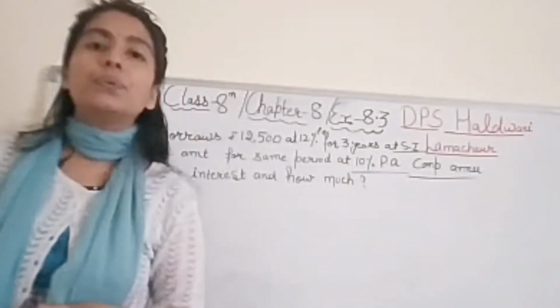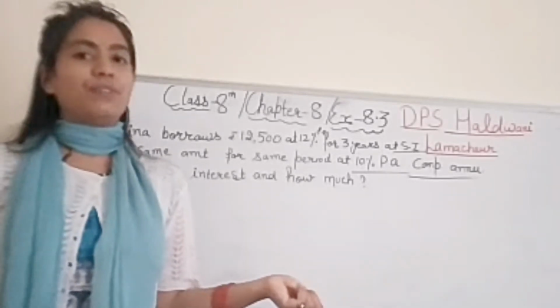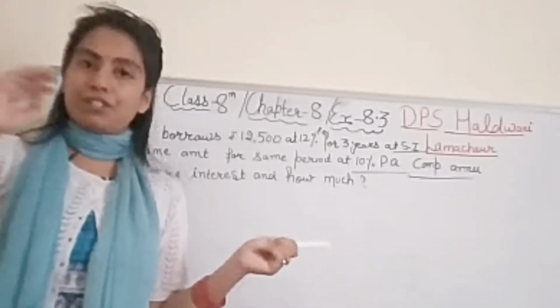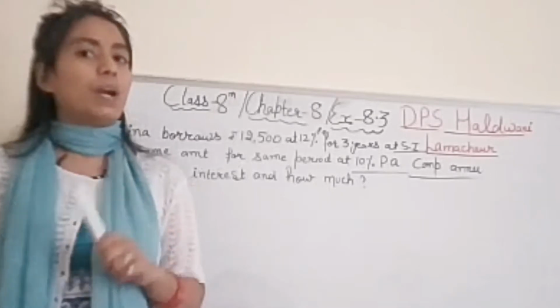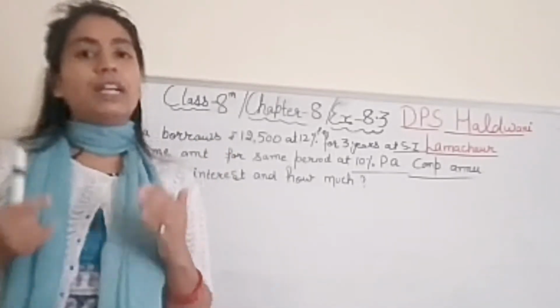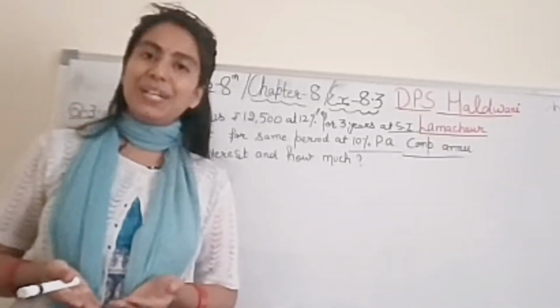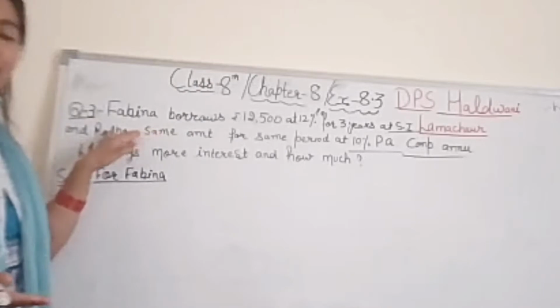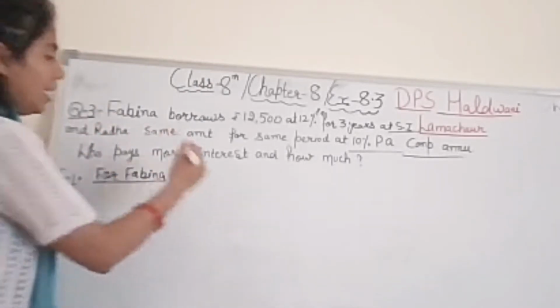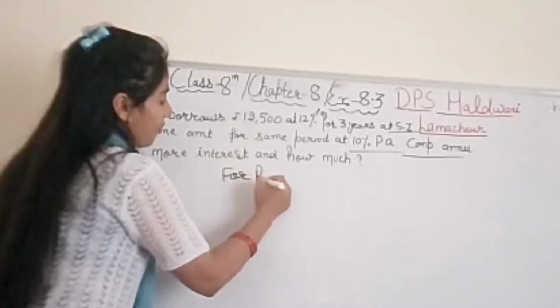You will take out the interest with the help of the compound interest formula. That is, first of all, amount is equal to P, 1 plus R upon 100, bracket T, and then compound interest is amount minus principal. Right, students? So for Radha, you will take out with the help of the compound interest formula.